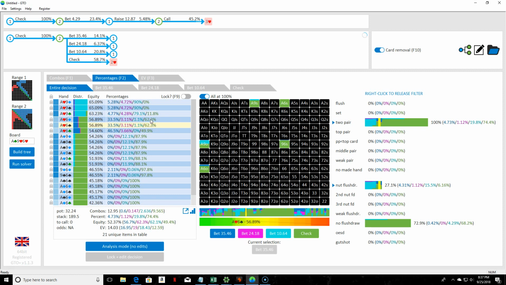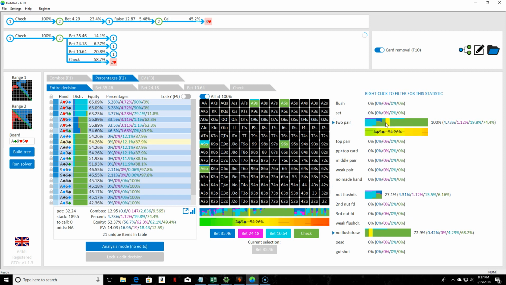The ace sixes, we're still checking, except for the ace six with the six of clubs, which is interesting, that we could either overbet or check here. I think that's quite interesting.